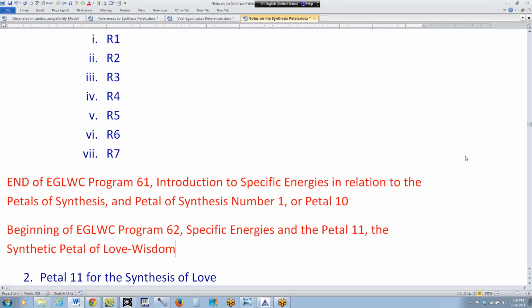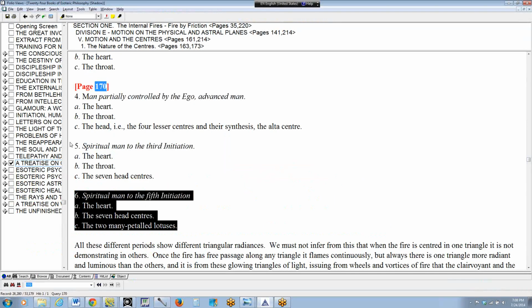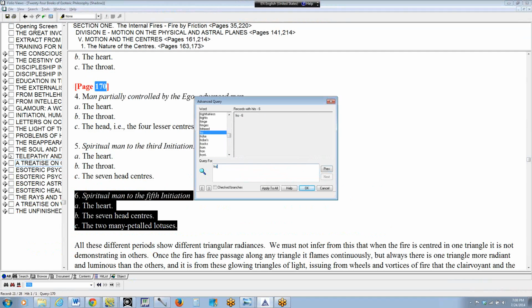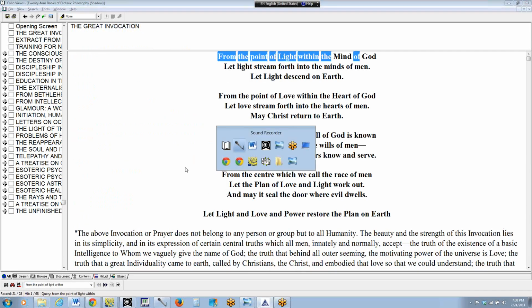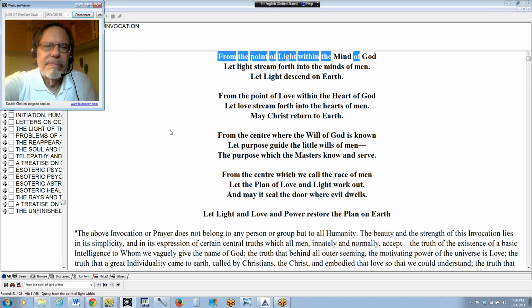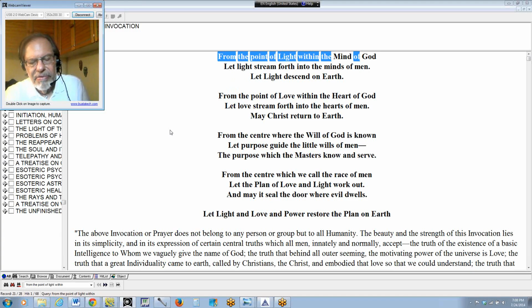So I don't know how long this program will last, but I'm shooting for 2 hours, and then I have the great invocation. So if you will indulge me, we will all do that together. And then I should be coming out just about 2 hours. Oh, so happy about that, as I don't like really oddly shaped programs, but sometimes have to simply agree to do them. Okay. Great invocation.